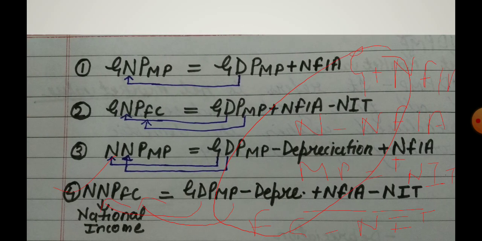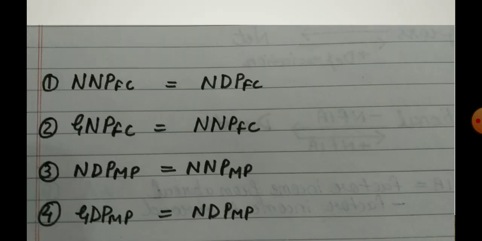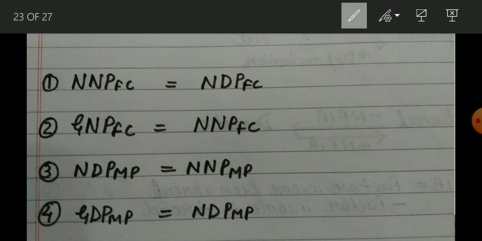Okay, next is, here I had written some aggregates and you have to find out. Left side you have to find out and right side is given. Then how are you going to generate the equation? My question is that NDPFC is given, how will you find out NNPFC?